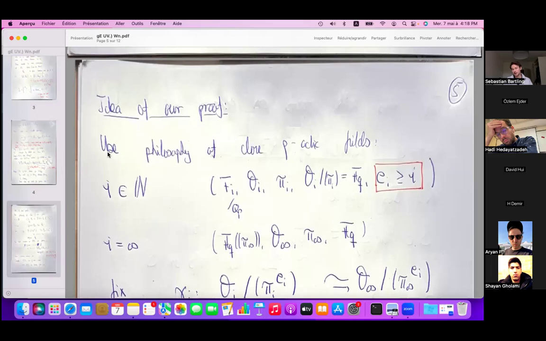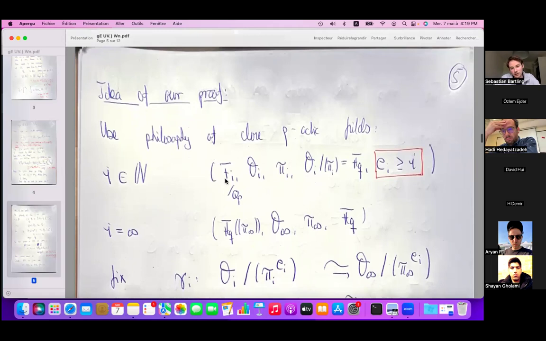So technically, this is implemented as follows: for every natural number i, you choose a p-adic field, a finite extension F_i of Q_p with ring of integers O_i and fixed uniformizer pi_i.